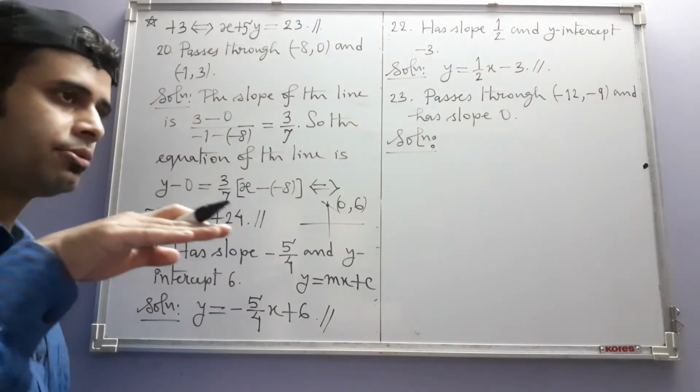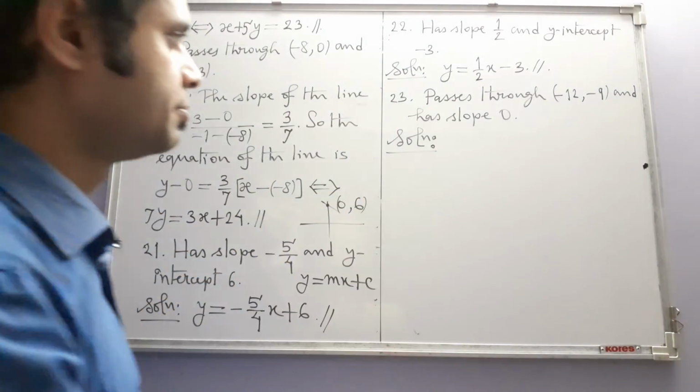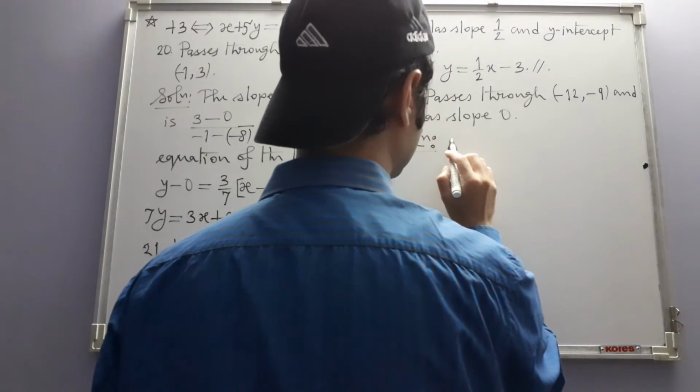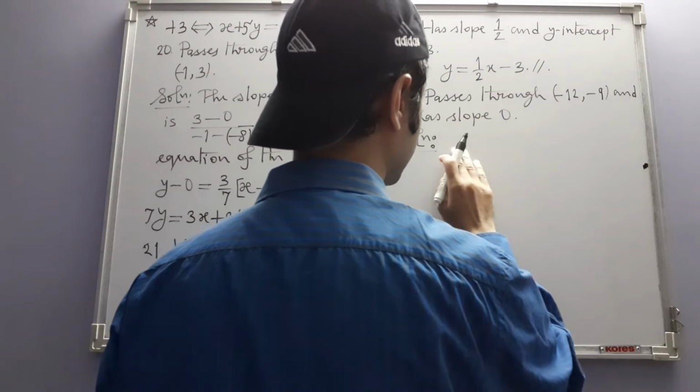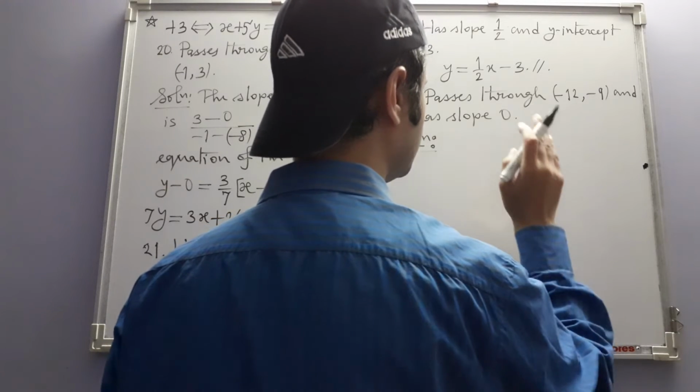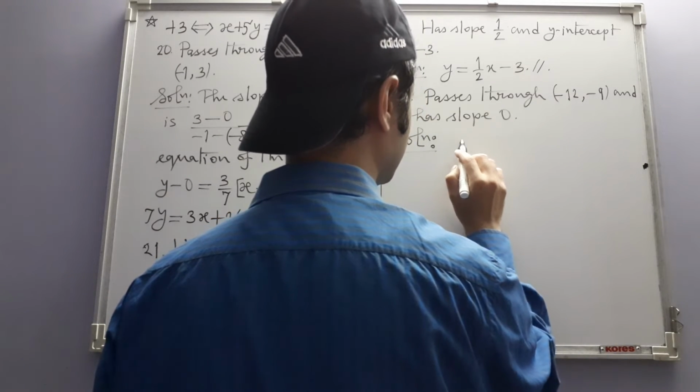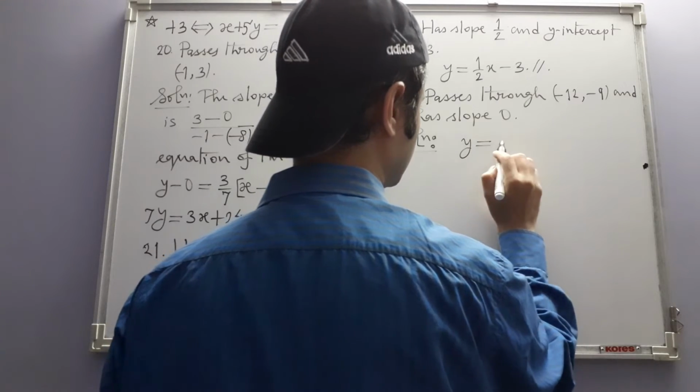Has slope 0 means it's horizontal. So the equation of a horizontal line is y equal to -9.